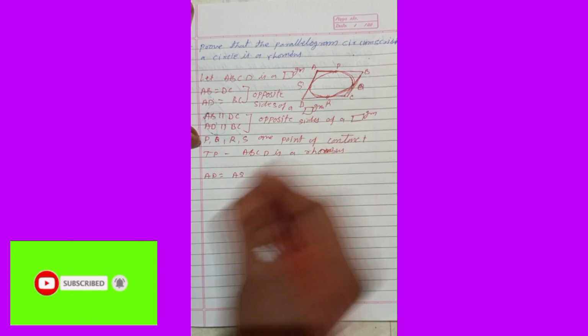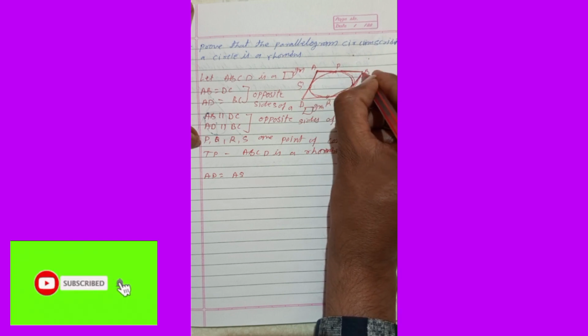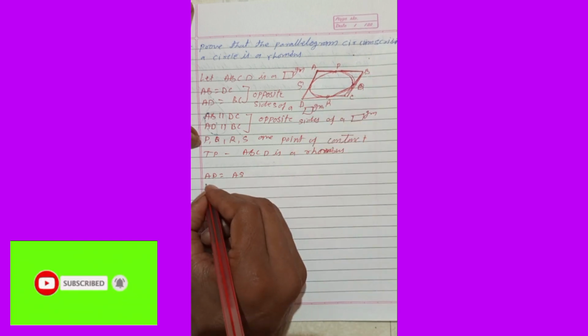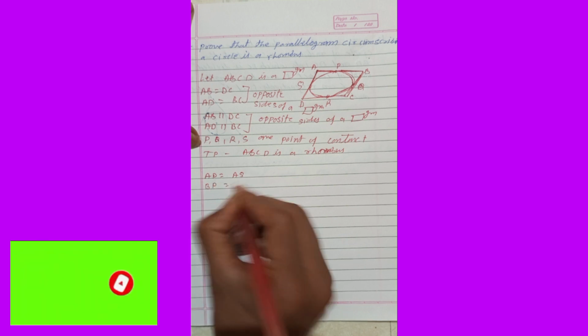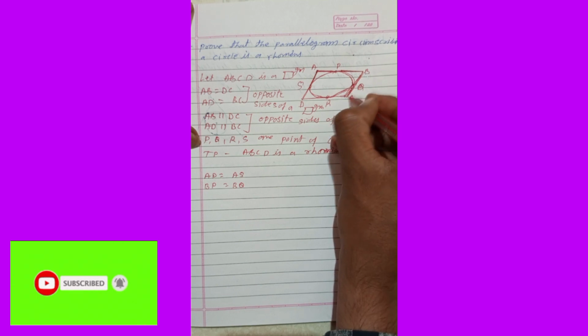Now from this side, we can write BP is equal to BQ. Now from here, CQ and CR.